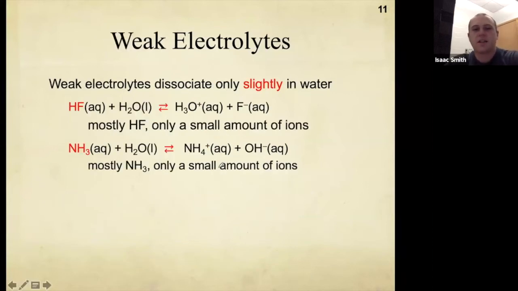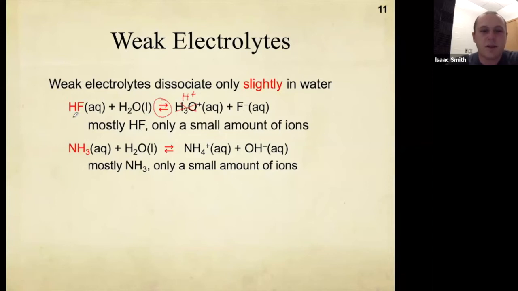Okay, so weak electrolytes dissociate only slightly in water. Again, we said these will partially dissociate or partially produce ions. So HF is going to produce, we haven't really learned this yet, but H3O plus is basically the same as H plus. So HF will produce some hydrogen ions and some fluoride ions, but you can see these arrows right here denote that it's in equilibrium.